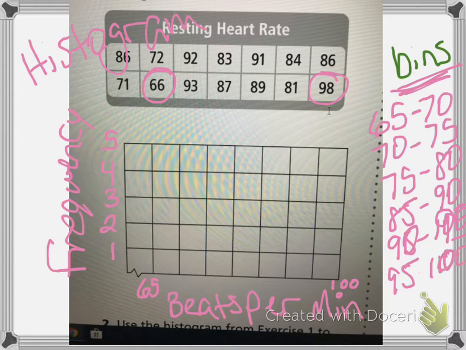Okay? Because that's going to be a better way to display the data that we've collected. So I'm going to go ahead and label the bottom of my graph in 5-minute increments here.